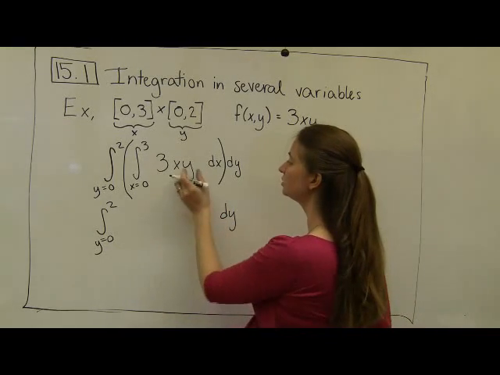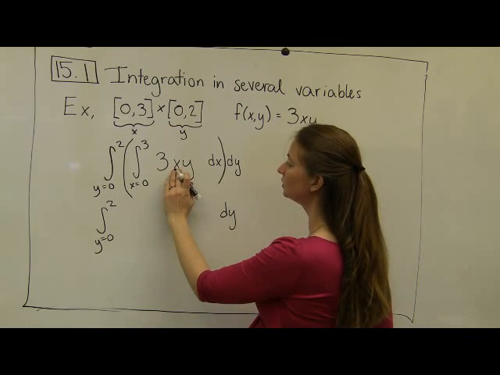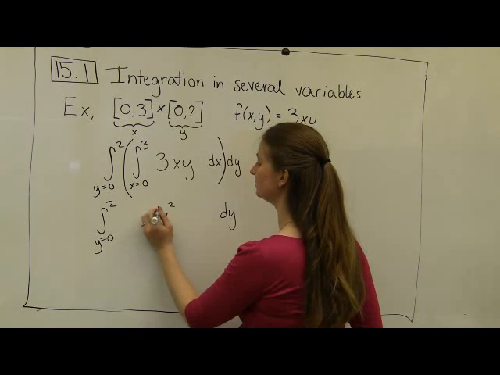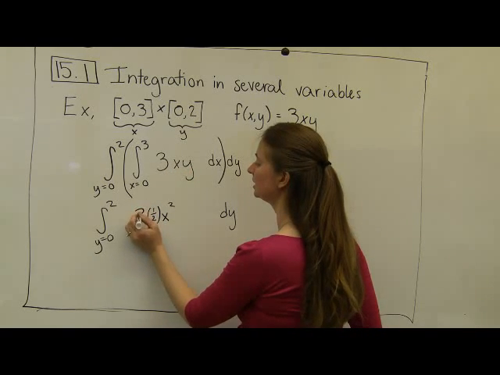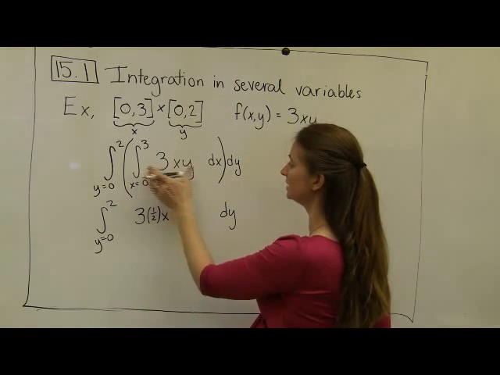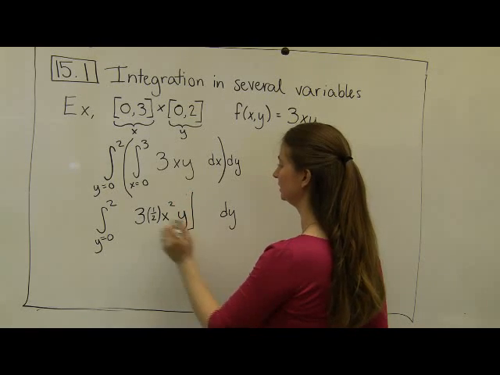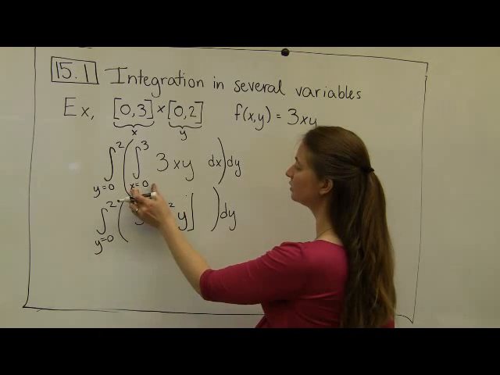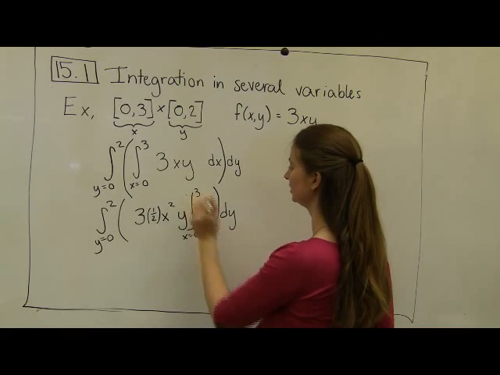Integrating this inner portion, treating y as a constant, I think about treating x as my variable. What's the integral of x? The integral of x is going to be x squared times 1/2. And the 3 and the y are just constants that I can bring along for the road. So I integrated this inner integral, but I also have to evaluate it along the bounds. Maybe I'll keep parentheses here to keep track of my work. So I'm evaluating it from x equals 0 to x equals 3.